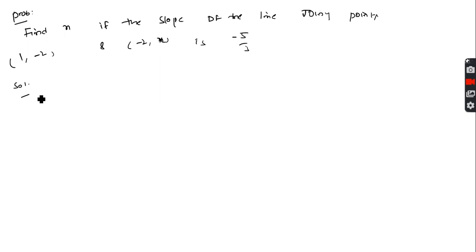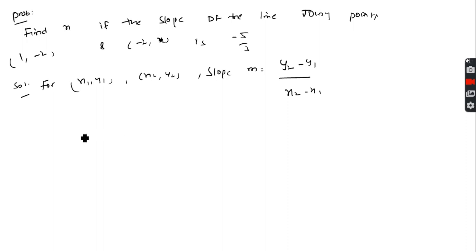So therefore, for x1 y1 and x2 y2, the slope m equals, what is the formula? y2 minus y1 by x2 minus x1. This is the basic formula.